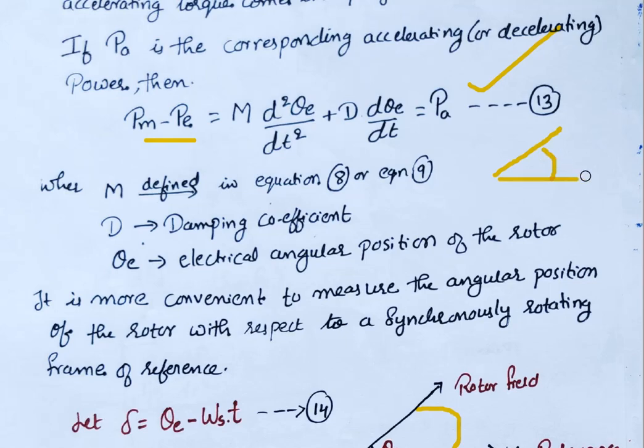Initially this is my stationary, this is my reference axis, and this is my theta. Now this is my rotor field.